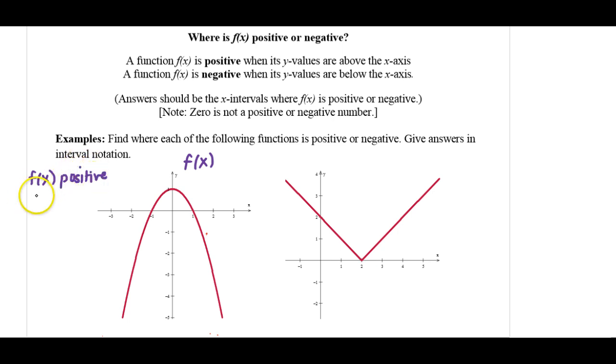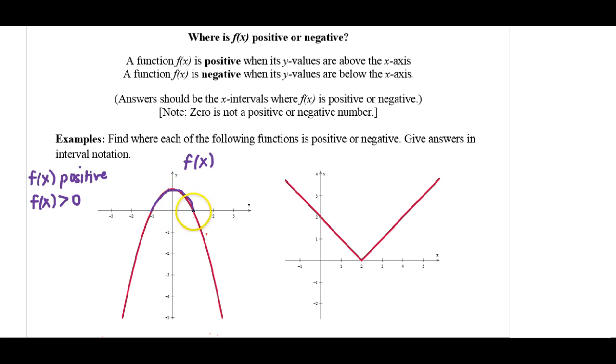This is like asking, where is f of x greater than 0? So I'm looking for where the function is above the x-axis. I'm going to highlight that particular region. That happens right here. This is where the function is above the x-axis. So this purple portion is where the y values are above the x-axis.